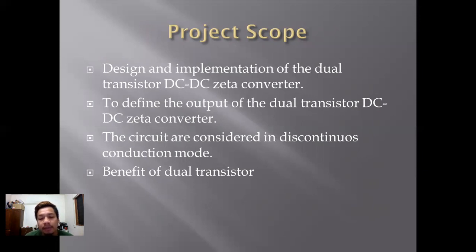Discontinuous conduction mode applies when the two states become a third state, which is when switch 1 is off and switch 2 is off. For this research and result, I need to find it in PSM2, project 2, to continue this thesis.